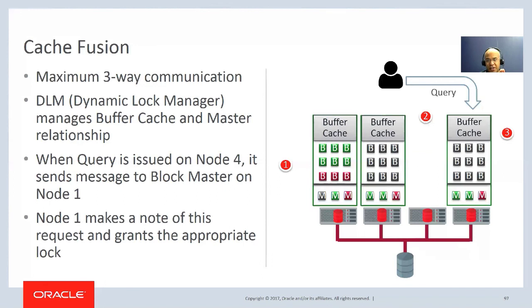ORAchk checks your network layer specifically and ensures that the things that are supposed to be set are set, like the UDP receive buffer cache, and jumbo frames, if they're set up. We check for that because all of this messaging is very sensitive to latency. The faster these messages can go, the better.